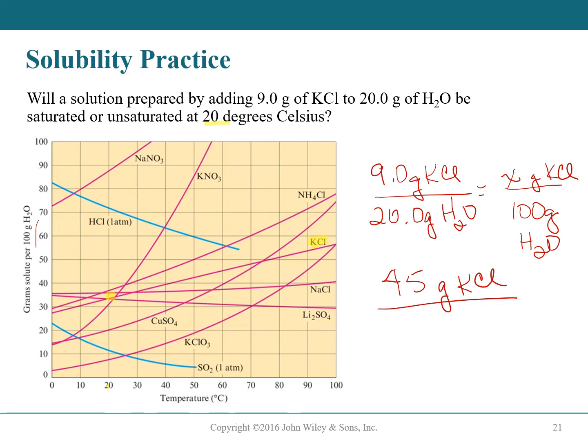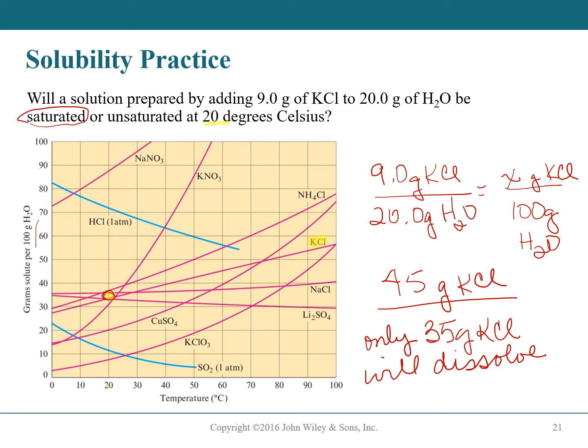So when I add the 45 grams, only 35 grams will dissolve, and 10 will just stay at the bottom of the jar and will not dissolve. Because I'm above this line, this is where I max out. It's going to be saturated. I will not be able to dissolve all of that potassium chloride in my solution.